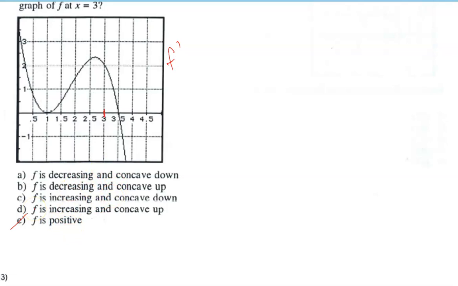Now we need to know, is f increasing or decreasing, and is it concave up or down? Well, in order for the function to be increasing, f prime needs to be positive, which it is because the height here is 2, so f prime of 3 is 2, which is positive, so f is increasing, meaning we can eliminate these two.